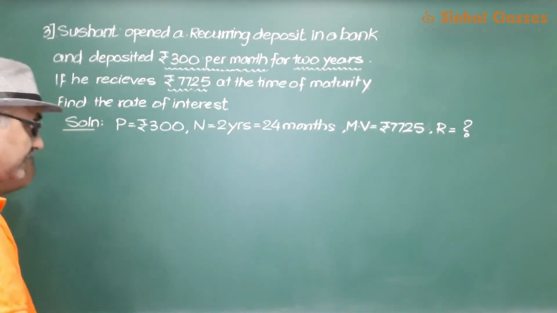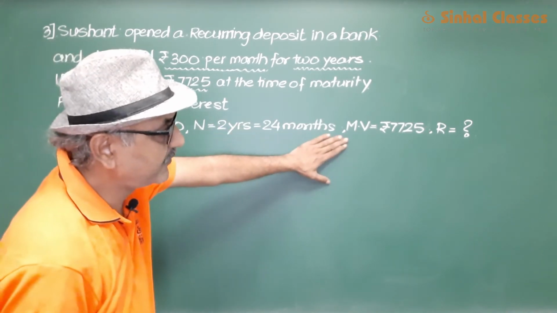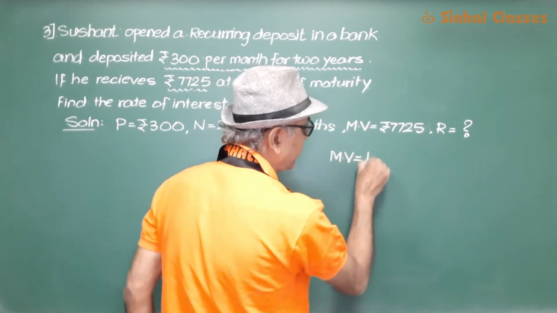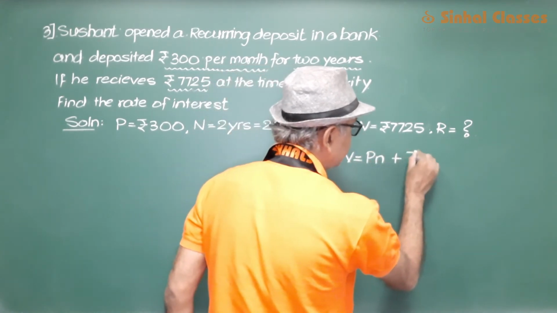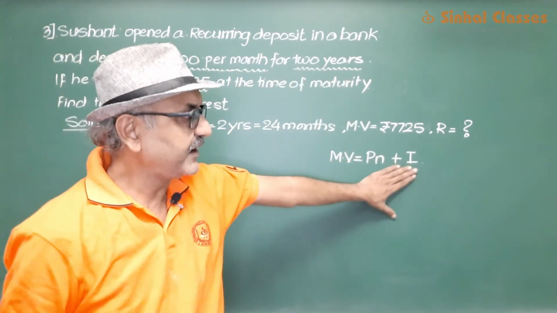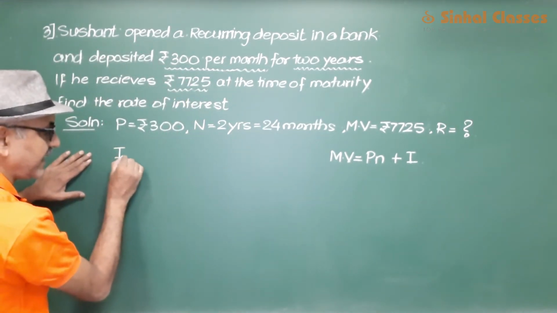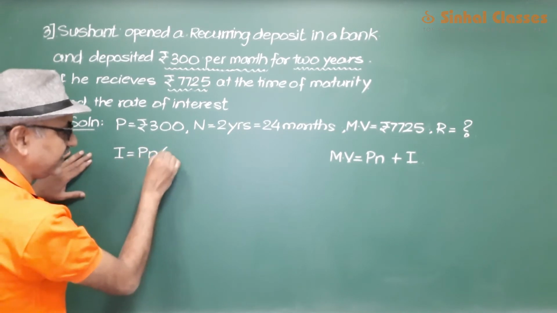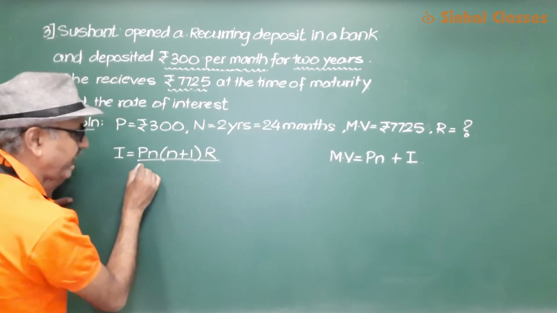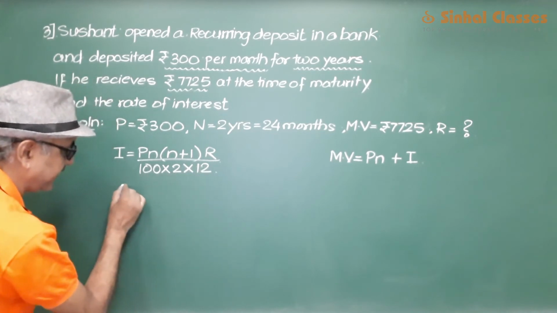What we'll do is, let us try to find out MV. Formula for MV is what? Pn plus I. In the given question, we don't have the value for I. So first we'll try to find out the value of I. I is equal to Pn n plus 1 into R upon 100 into 2 into 12.